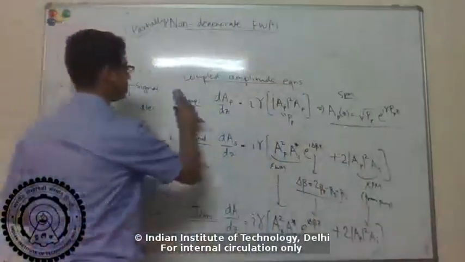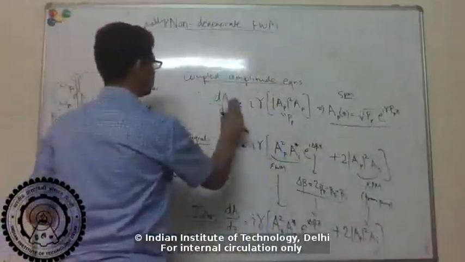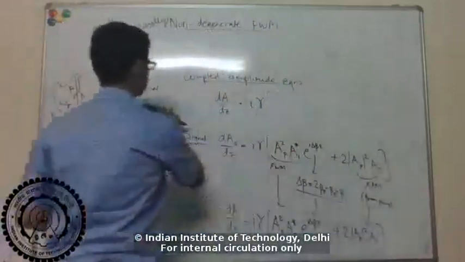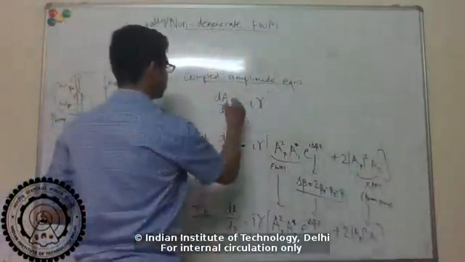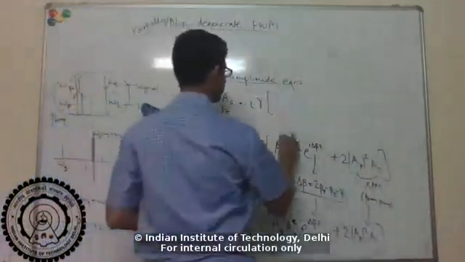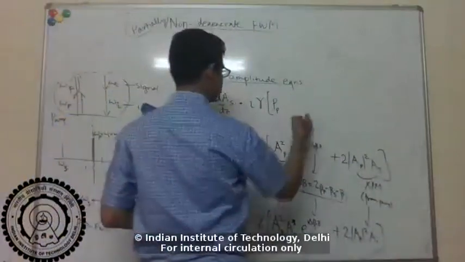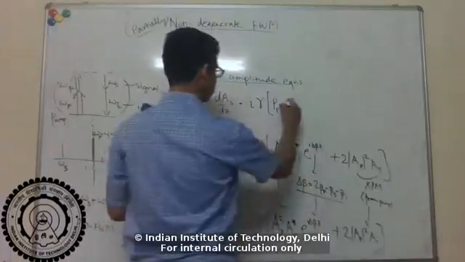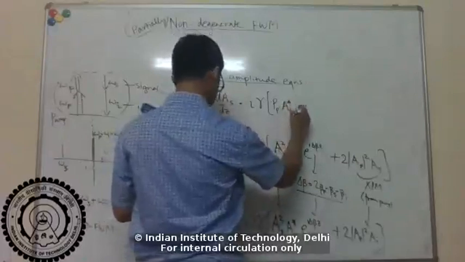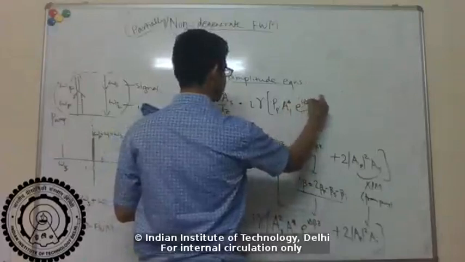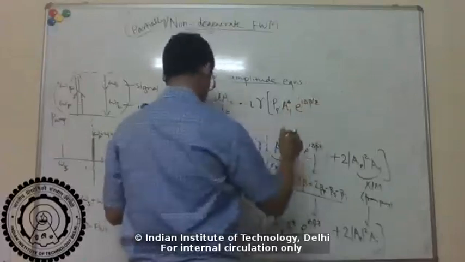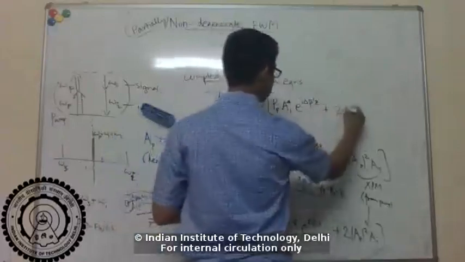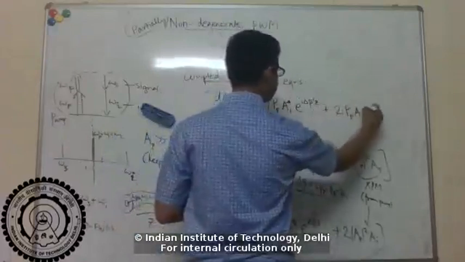So signal I can write as, so from here I get PP AI conjugate e to the i delta beta prime z plus this term is just 2 PP AS.